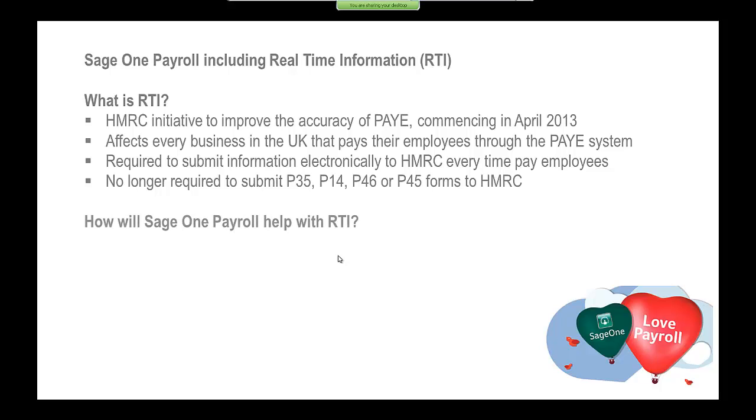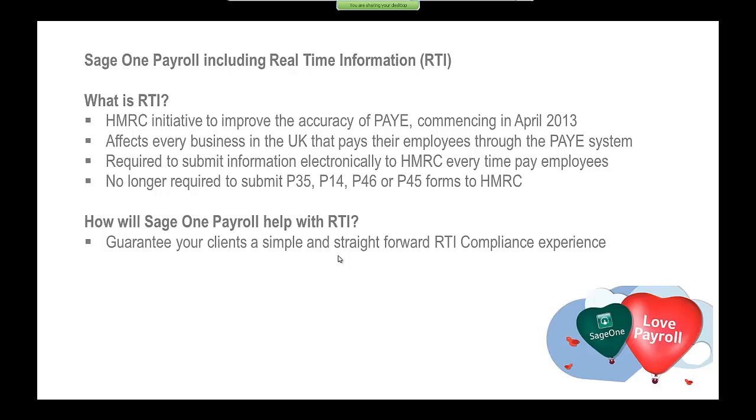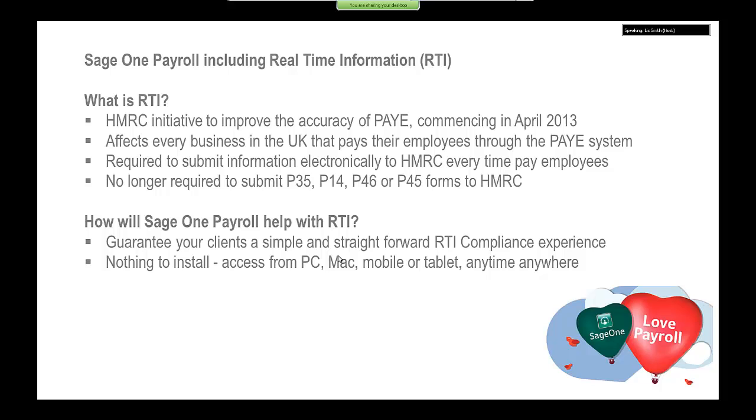So how will Sage One Payroll help your clients be ready for RTI? We are confident that Sage One Payroll will guarantee your clients a simple and straightforward RTI compliance experience. Internet software means you don't have to install anything, and you can access the Sage One Payroll information from a PC, Mac, mobile or tablet anytime or anywhere you want to.